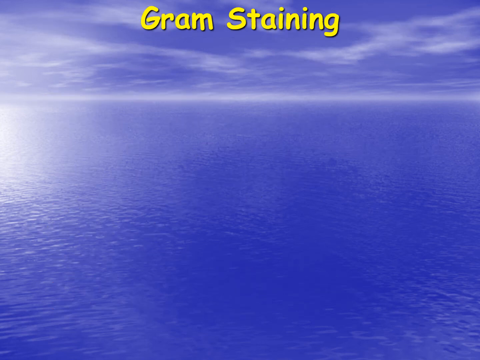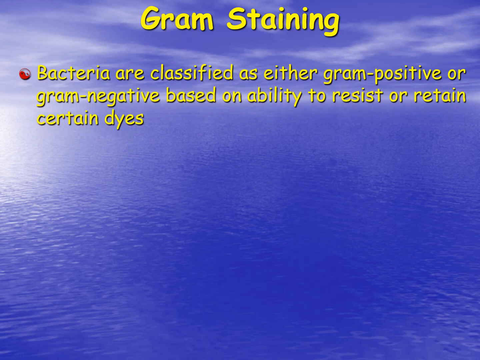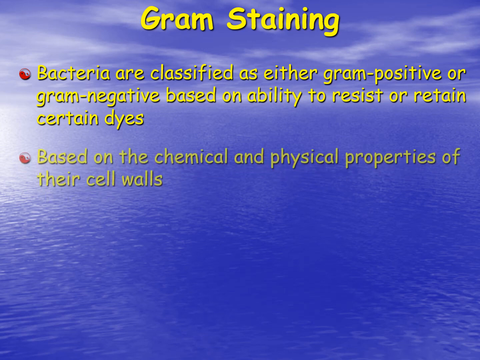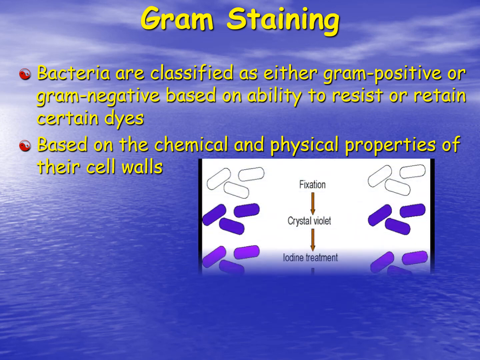twists. So what is gram staining? Gram staining is one of the major classifications of our bacteria, and bacteria are either classified as gram positives or gram negatives based on the ability to retain or resist certain dyes. This is based on the chemical and physical properties of their cell walls.